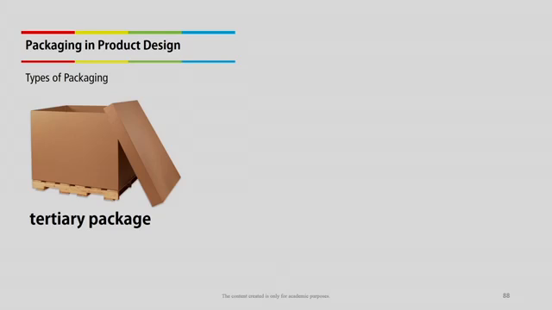Tertiary packaging is used for bulk handling, warehouse storage and transport shipping. The most common form is a palletized unit load that packs tightly in containers. Now, we will discuss purpose of packaging.